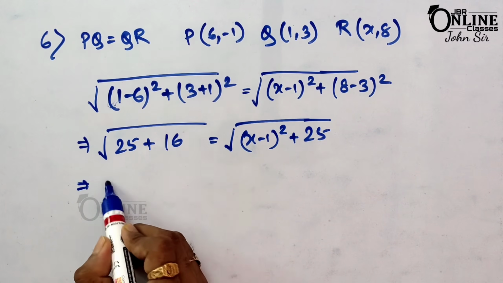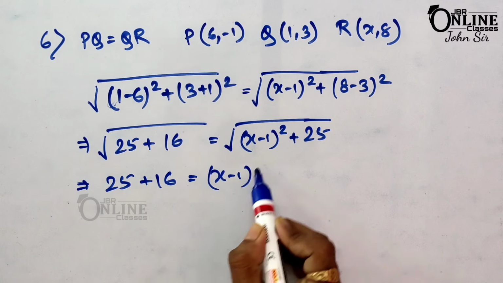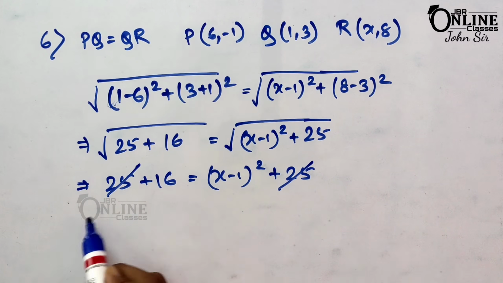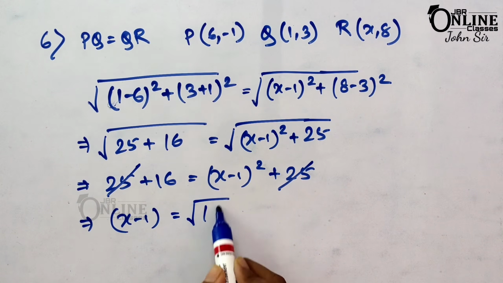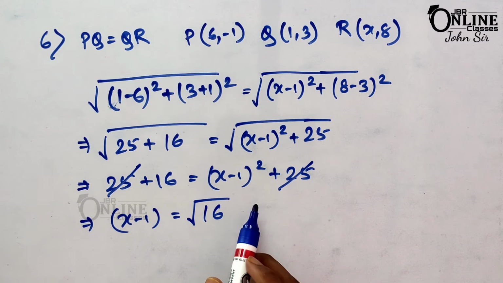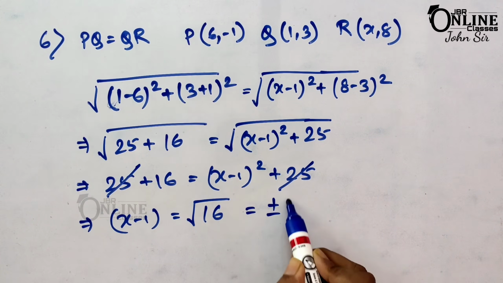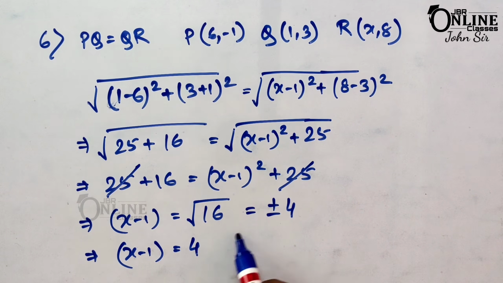So now squaring both sides, 25 plus 16, that equal to x minus 1 whole square plus 25. So 25 cancel out, x minus 1 equal to root over 16. Okay, x minus 1 equal to root over 16, that means it will be plus minus 4. So if x minus 1 equal to plus 4, then from that x equal to 5.